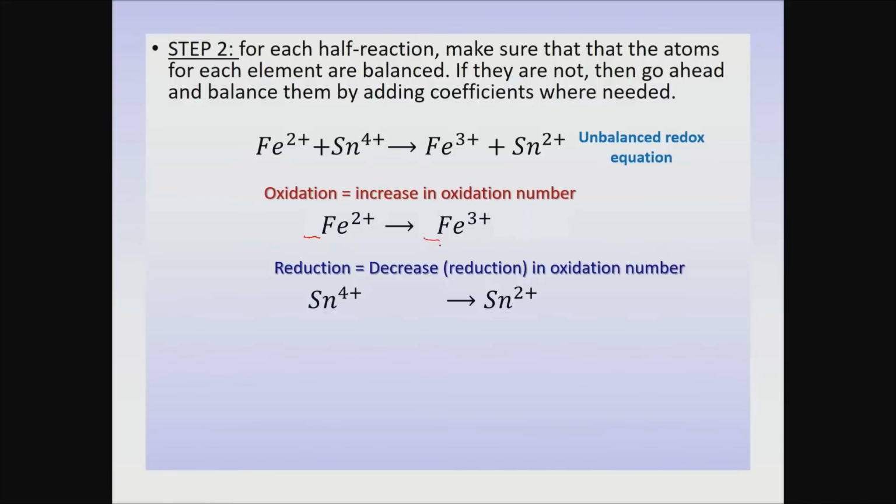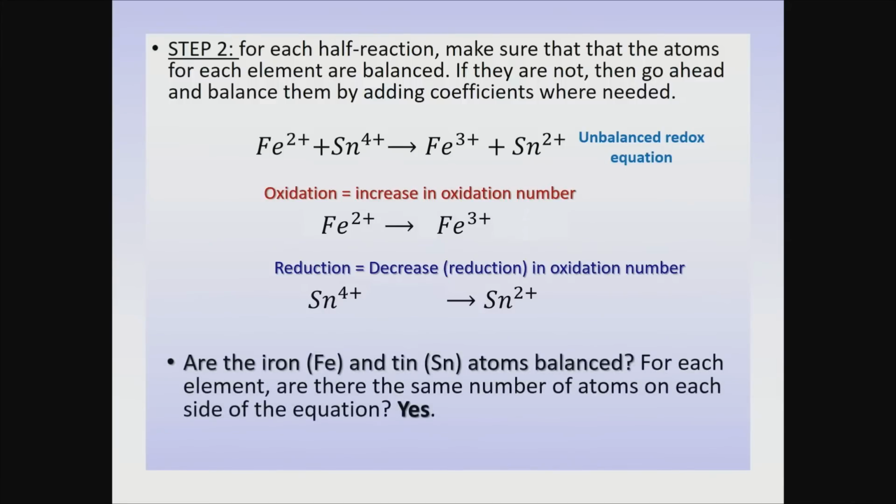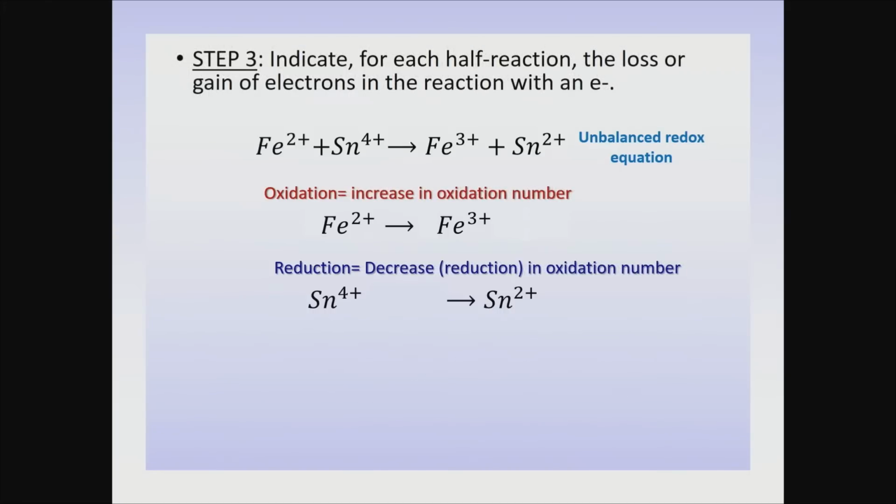There's no coefficient on the product side, so we have one iron ion. So the iron ions are balanced. Now how about tin? Same deal, coefficient of one tin ion or atom if you want to call it that, and on the product side, one tin ion or atom. So it looks like step 2 is complete, in that the atoms of each element on either side of the equation are the same number. Okay, so we move on to the next step.